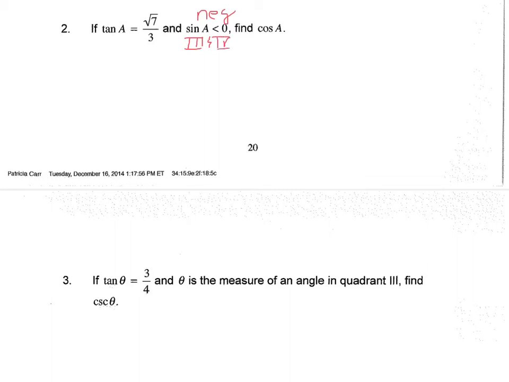And tangent is a positive radical 7 over 3. Where's tangent positive? 1 and 3. So it looks like they both have 3 in common. So that's where I'm going to draw this triangle, in quadrant 3.